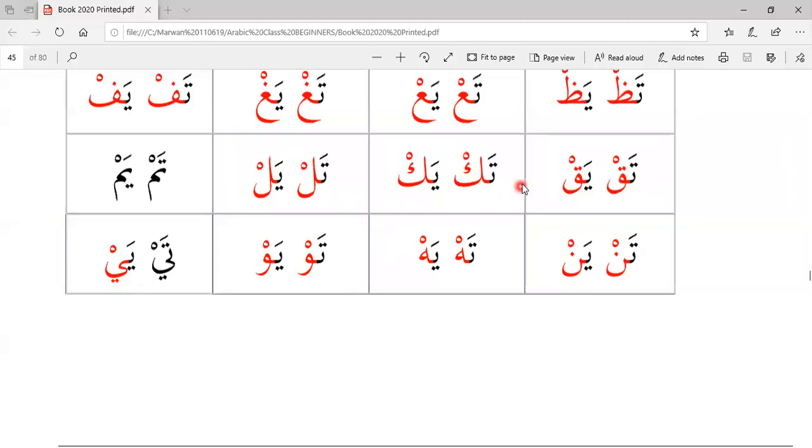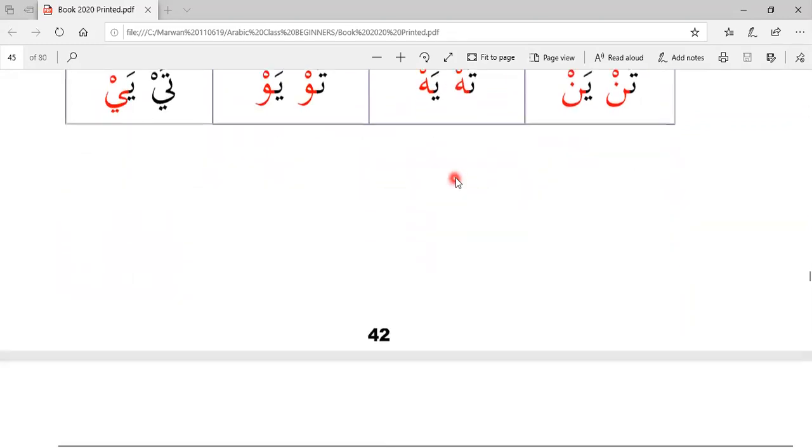So, as you can see, we're just pronouncing the same letters, but instead of putting the ending sound as a, e, or u, it has to be silent.